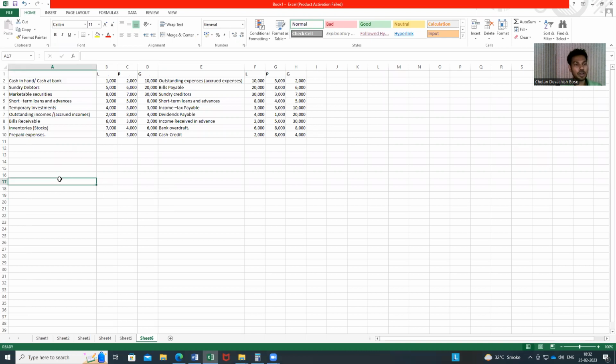Now, what if the question asks us to solve current ratio, or quick ratio, or the question asks us to solve current ratio हुआ, quick ratio हुआ, then cash ratio.